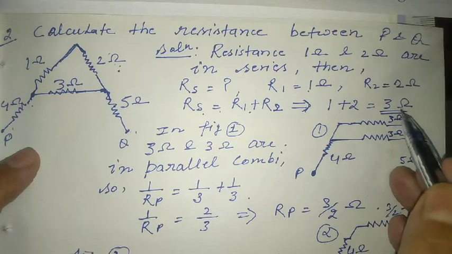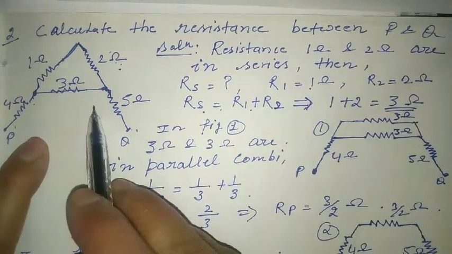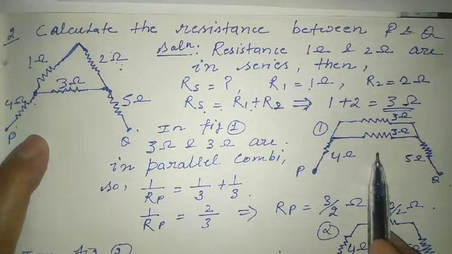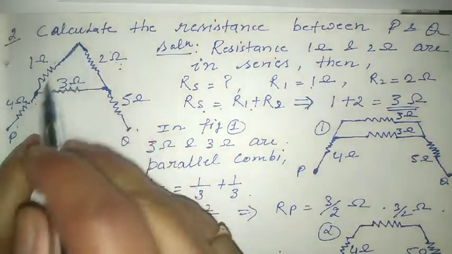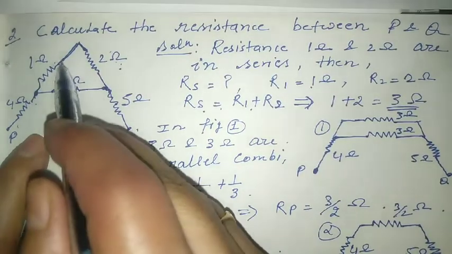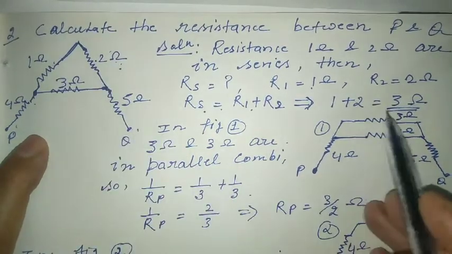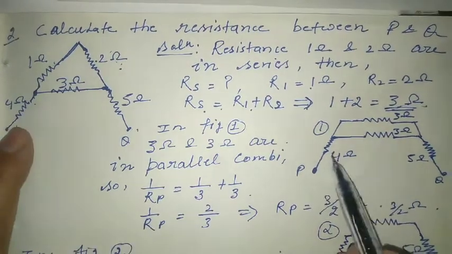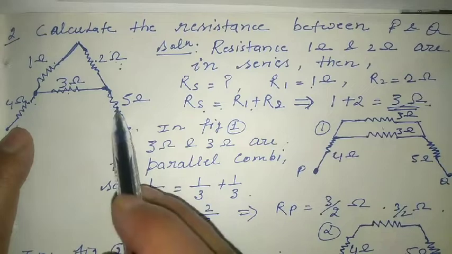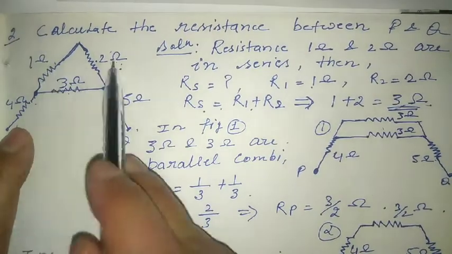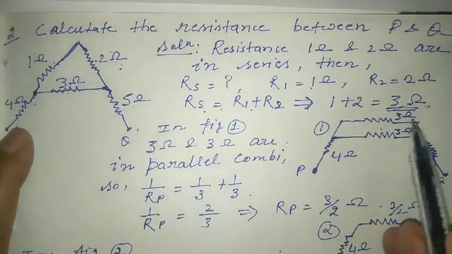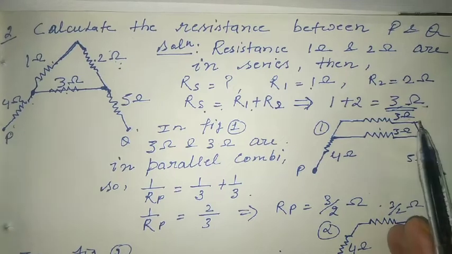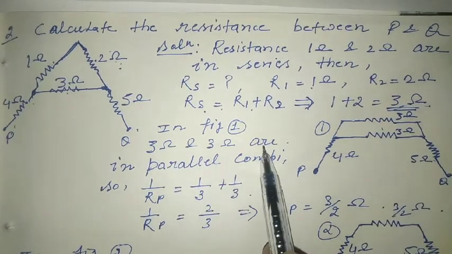Now with this 3 ohm, we have changed the circuit diagram to this one. These two resistances are in series and their equivalent resistance is 3 ohm. So the 4 ohm is as it is, the 5 ohm is as it is, and these two are converted into a single one with equivalent resistance 3 ohm.